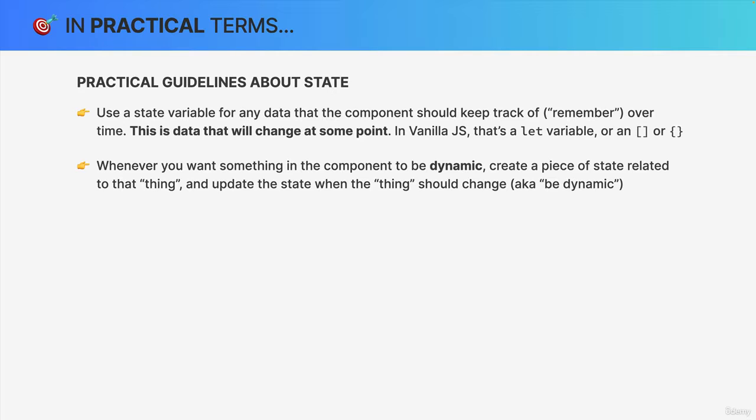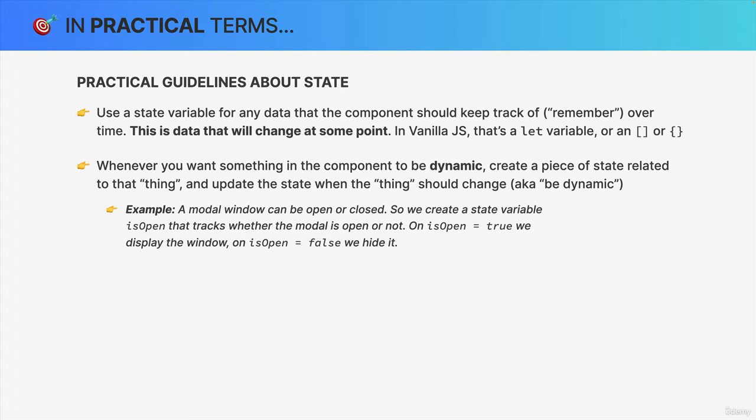Now, since this thing is a bit abstract, let's think of a modal window that can be either open or closed. So, for a modal window, we can create a state variable called isOpen that will keep track of whether the modal is currently open or not. Then, when isOpen is true, we display the window on the screen, and if it's false, we hide it.